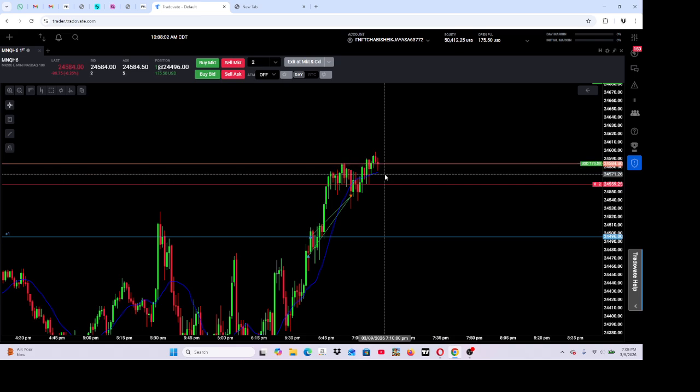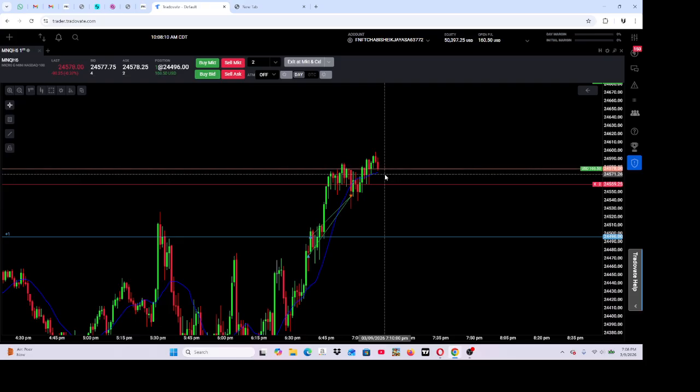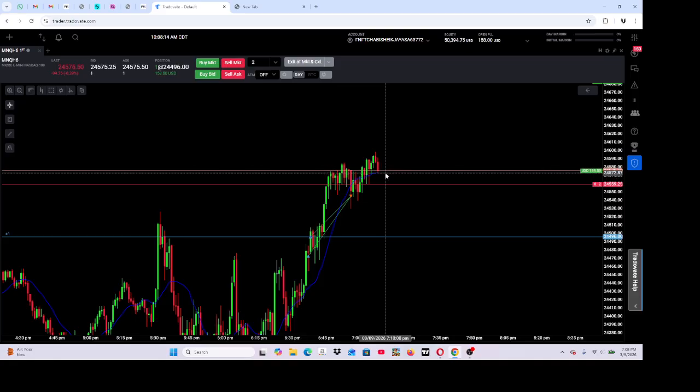Stay above this level, we will look good. I don't see any potential for it to come and take down the low draws on liquidity. The market has already played out pretty well.